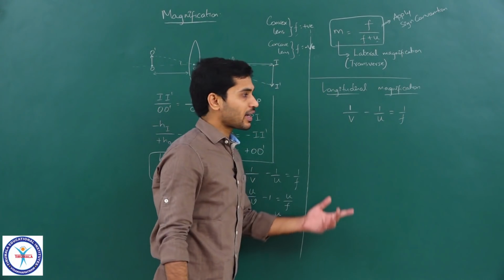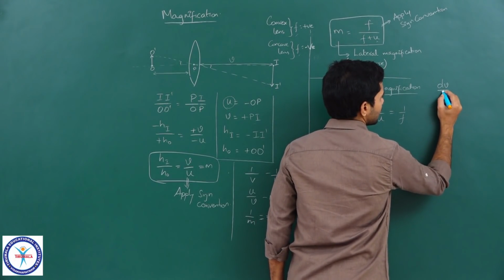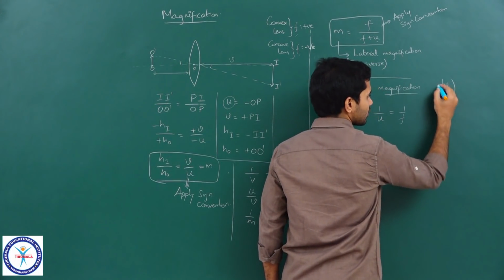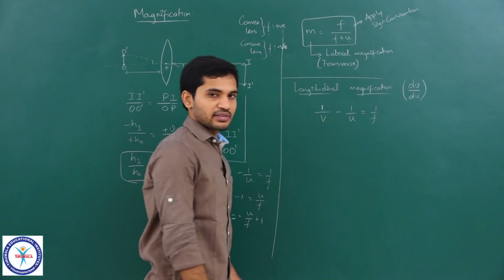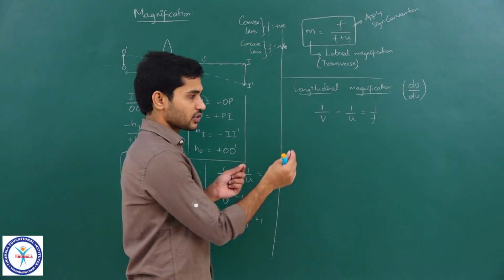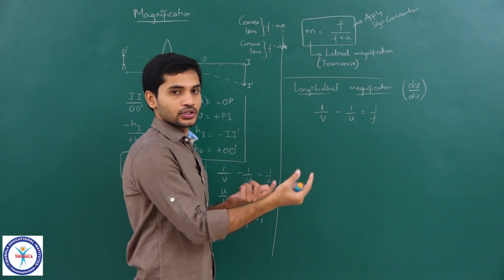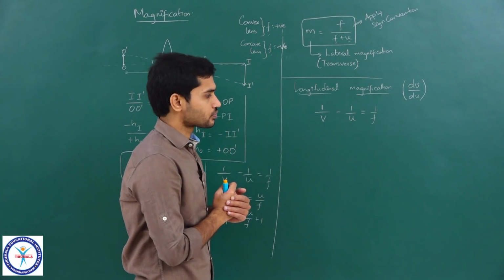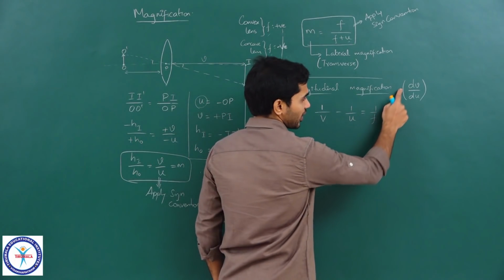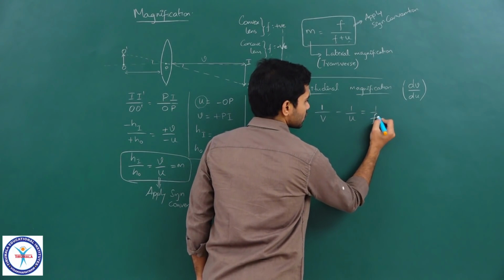Longitudinal magnification, in this case, we are defining as dv by du. Keep that in mind, right. dv by du is what we call longitudinal magnification, the small change in v by the small change in u. To find this value, I can differentiate this expression.